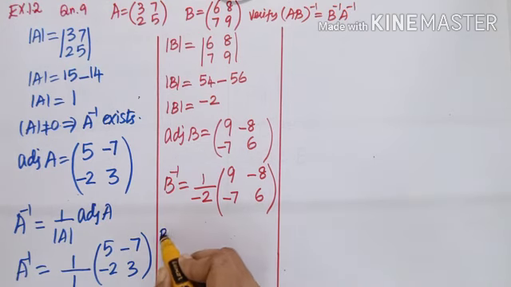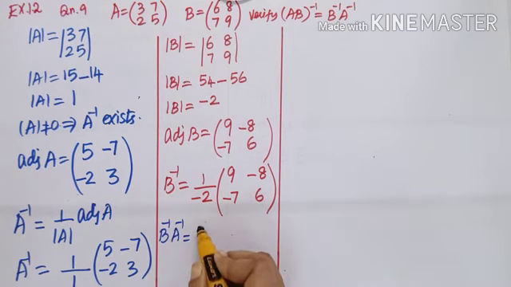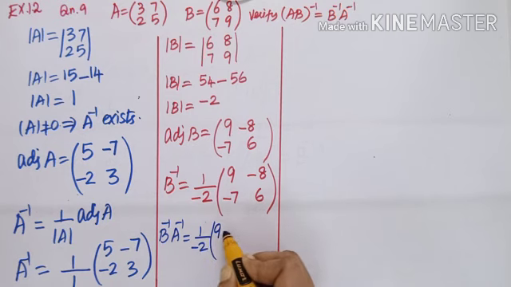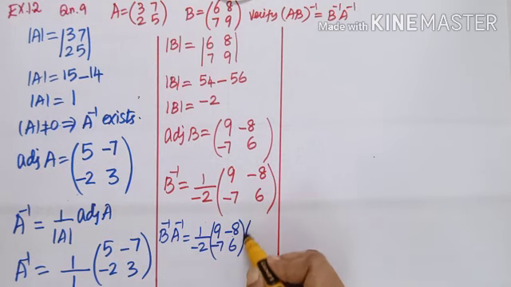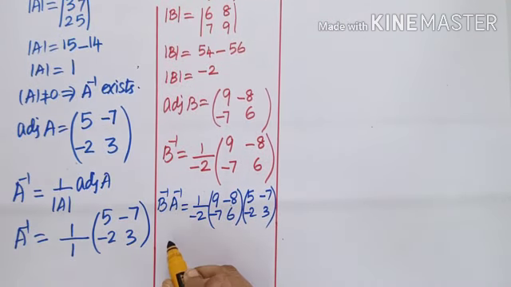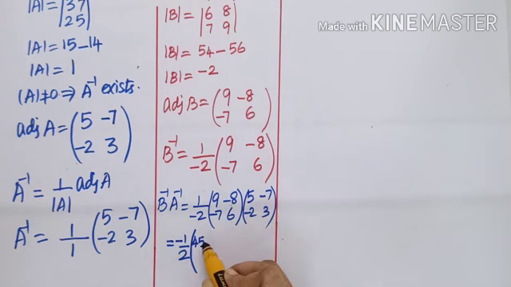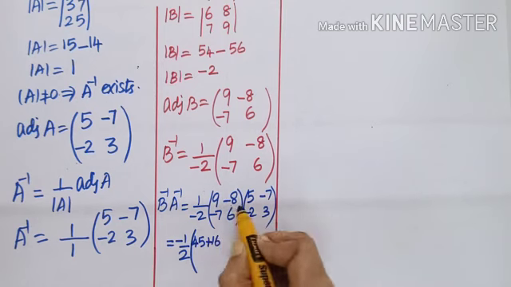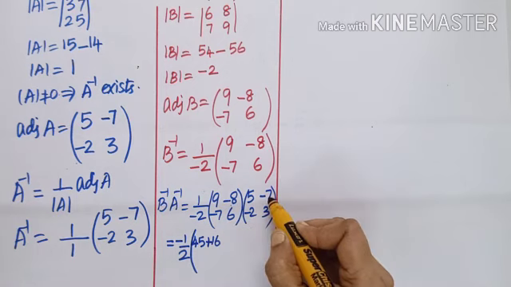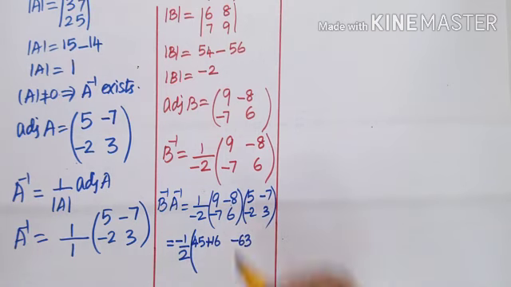My next step is to find B inverse A inverse. B inverse is 1 by minus 2 times 9, minus 8, minus 7, 6, and A inverse is 5, minus 7, minus 2, 3. How do we multiply? Row by column: 9 into 5 is 45, minus 8 into minus 2 is 16. First row by second column: 9 into minus 7 is minus 63, minus 8 into 3 is minus 24.